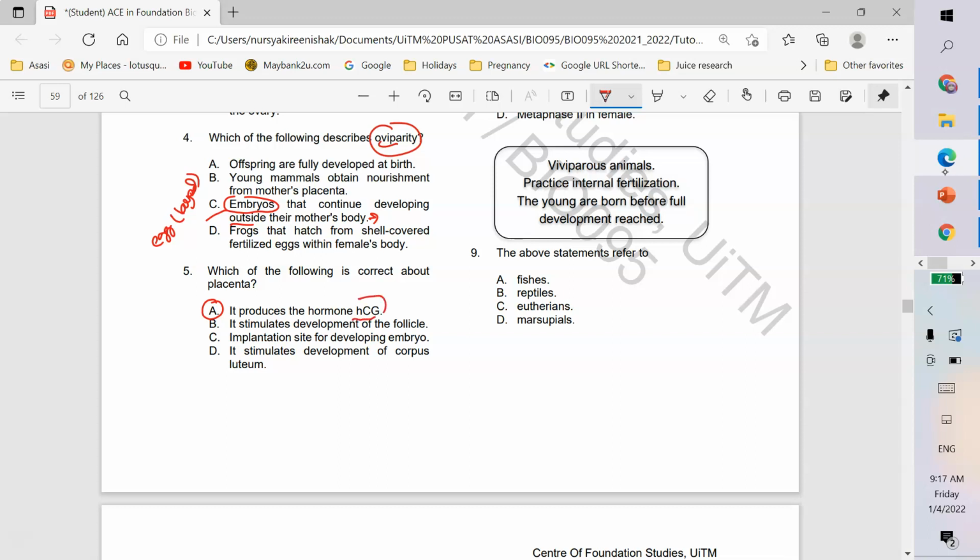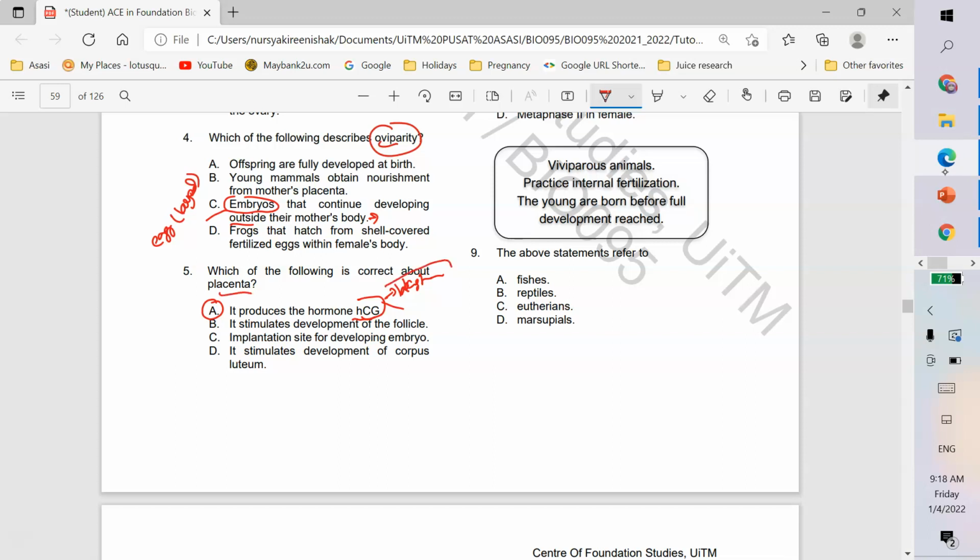Okay, so HCG is human chorionic gonadotropin hormone lah, kan? So basically ada dua structure yang akan produce and secrete HCG ni. Yang pertama adalah blastocyst. Yang kedua, lepas blastocyst form gastrula and then the embryo, kan? So the production of HCG will be taken over by the placenta.